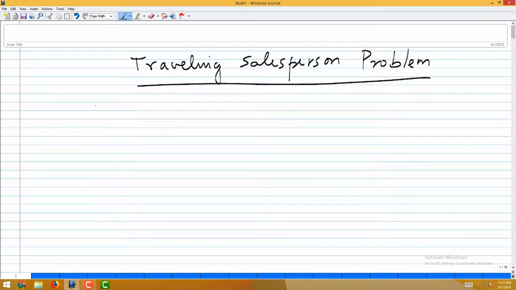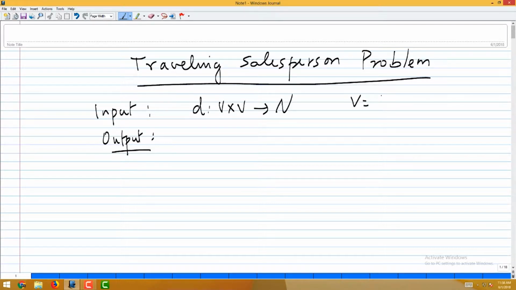So, this input is a complete graph with distances on the edges. Let us say the distances are natural numbers. The distance from a vertex to itself is 0, otherwise you have some distance on the edges. So, V is 1 to n.